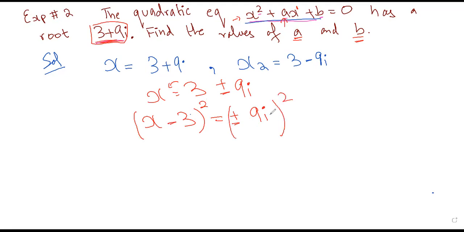When I square this, even if it is negative 9 iota, it would become positive. And if it is positive, it would be positive, right? So x minus 3, 9 square is 81. And then iota square would be minus 1, right? So this would give you x minus 3 whole square equals minus 81.